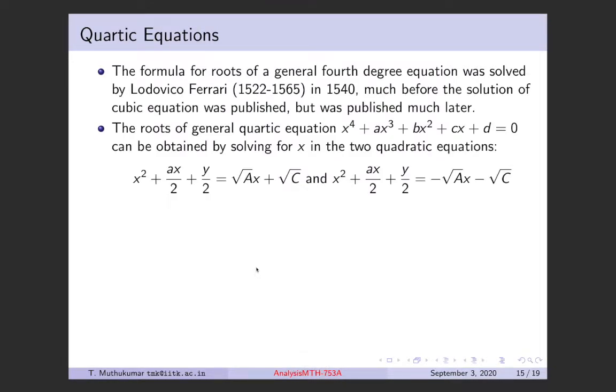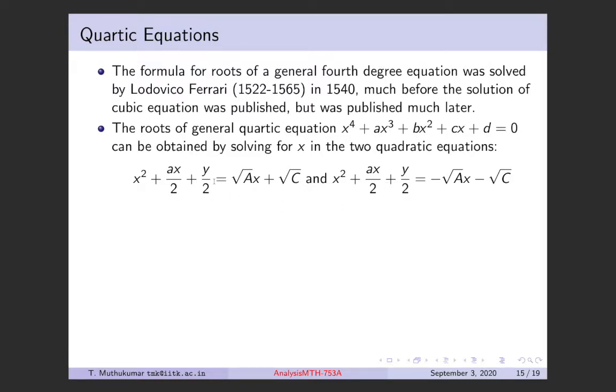So the roots of the quartic equation are given by, x is the unknown, so x can be obtained by solving these two quadratic equations. So you have a quadratic equation satisfied by x, and any root of this quartic equation is actually a root of these two quadratic equations.